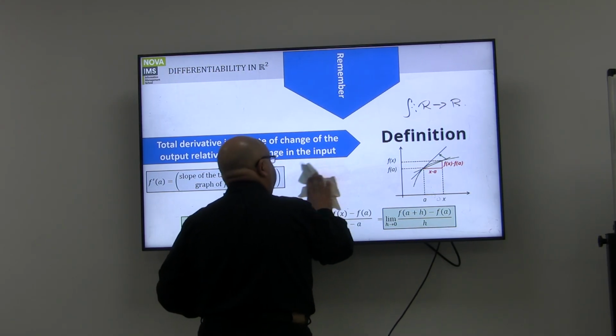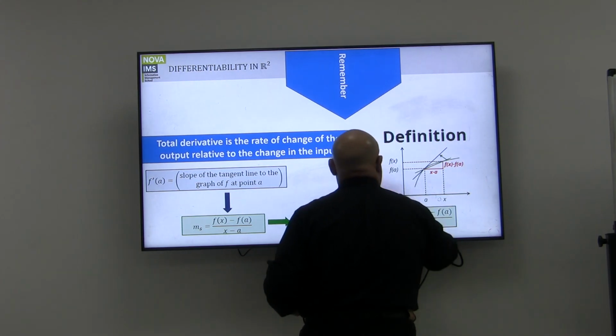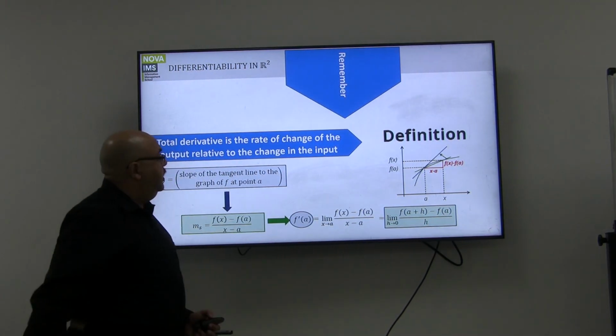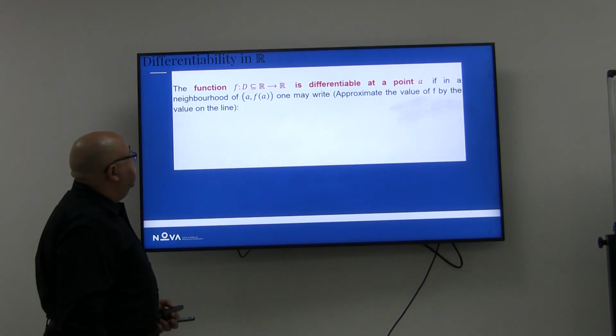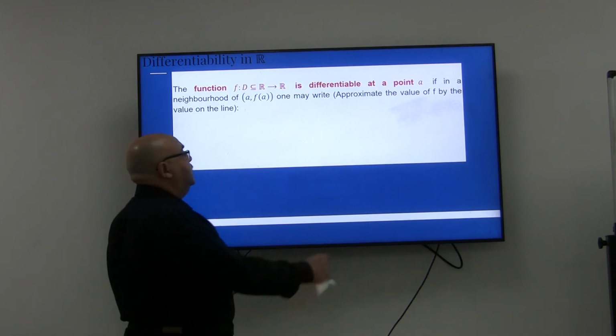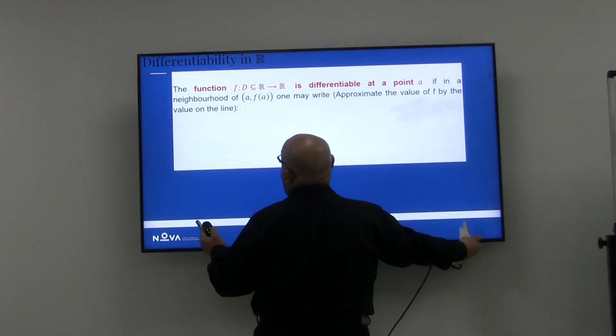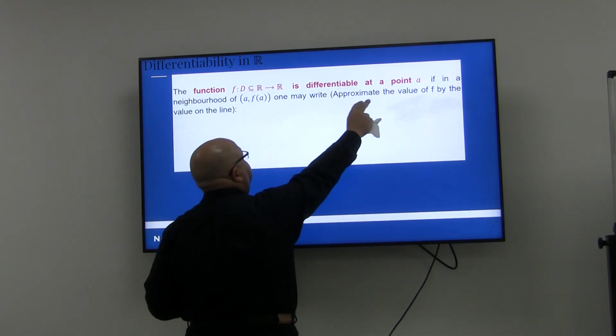So this is the introduction from the definition in R to R. If we are talking about differentiability in general, the function f is differentiable at a point a if, in a neighborhood of a, we may approximate the value of f.